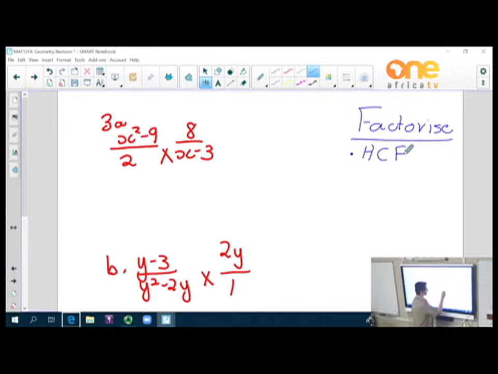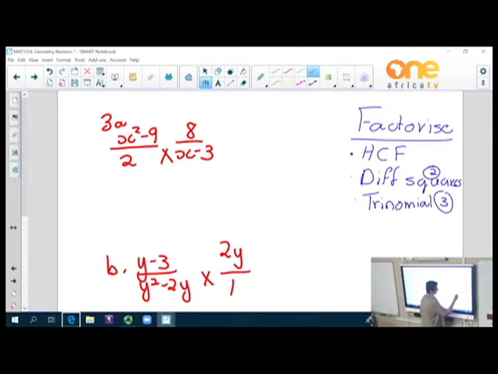So it's the highest common factor. It is the difference between squares. And remember, we said usually this is 2 terms. It is a trinomial, which is usually 3 terms, or it is grouping, which is usually 4 terms.